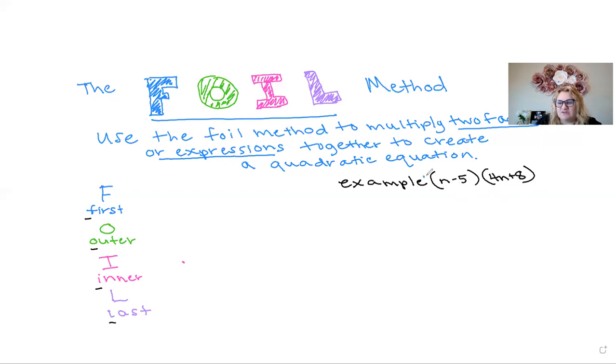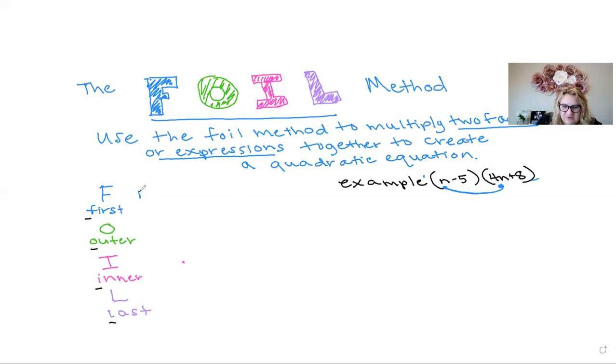So if you picture this as having a first factor and a second factor, you're going to take your first term from the first factor and your first term from the second factor, and you're going to multiply those together.